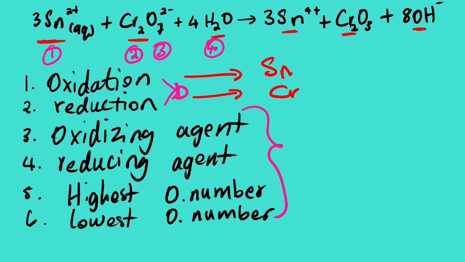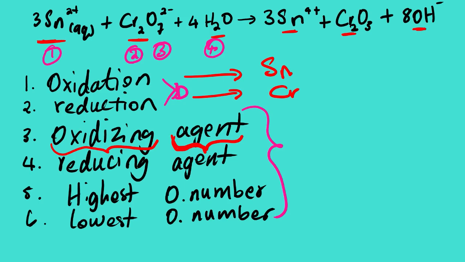Oxidizing agent, we need to understand these words. Oxidizing agent simply means that it's an element that forces the other element to undergo a certain reaction. But in this case, for oxidizing agent, we are looking for an element that forces other elements to undergo oxidation. So this element is an agent of forcing other elements to undergo oxidation.